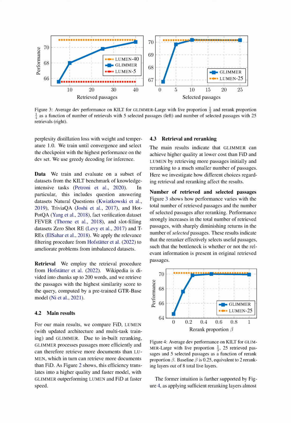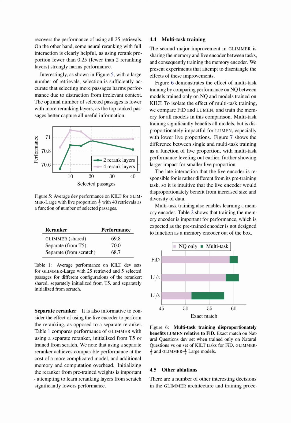This concept is reinforced by another data visualization, which shows that applying a sufficient number of reranking layers can almost match the performance achieved when using all 25 retrievals. That being said, it is clear that some form of neural reranking with full interaction is beneficial. If the reranking proportion is less than 0.25, meaning fewer than 2 reranking layers are used, this substantially hinders performance.